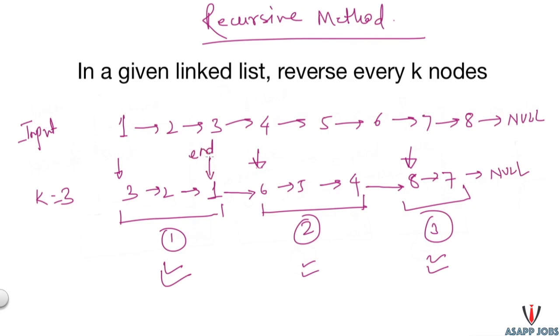Let's refer, this is the end element, so I can say end next should be equal to the method call, right? Just because this method will return the head pointer. So ultimately at the end this expression will be converted to nothing but end next equal to head of next sublist.